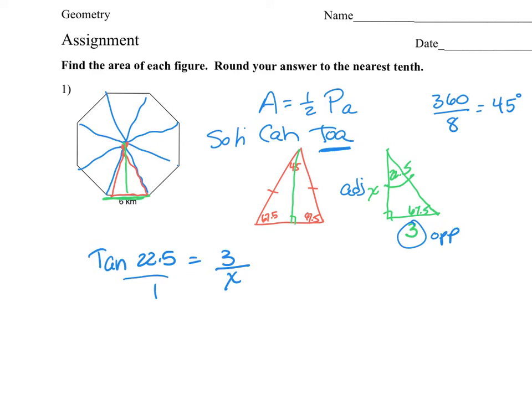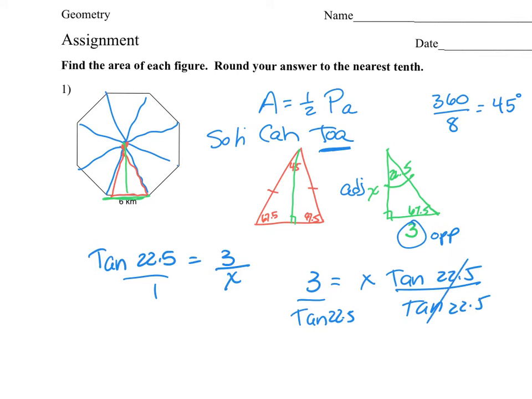And then we cross multiply, if you remember, and we have that 3 equals x tangent of 22.5. So divide that by tangent of 22.5. And you get that x equals that, and we're going to put that in the calculator.